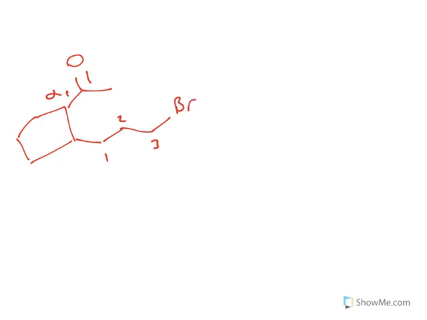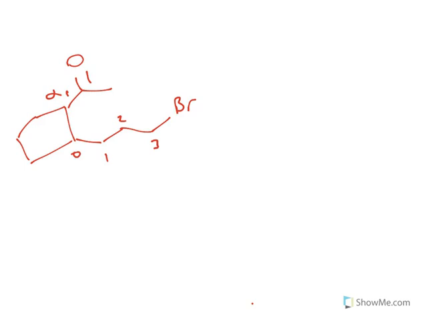Well, we could take the same starting material, have alpha 1, and then we'll have our alkyl chain, like so. We've got carbon 0, 1, 2, and 3.